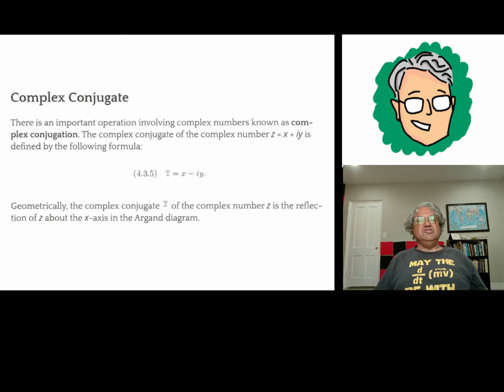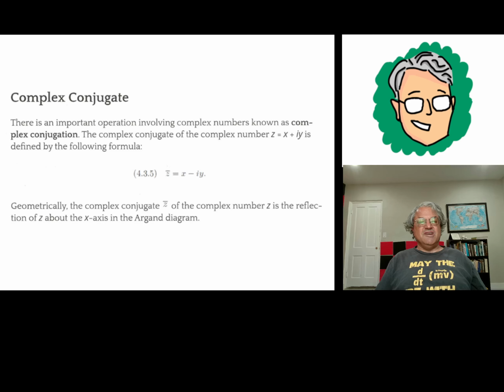So the complex conjugate of a number: if you have a complex number z, which you can always write as x plus iy, where x is the real component and y is the imaginary component, then its complex conjugate, which we denote as z bar, we put a bar over the z. There's actually two conventions.